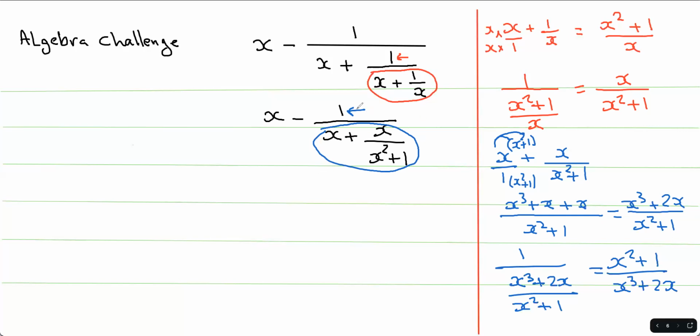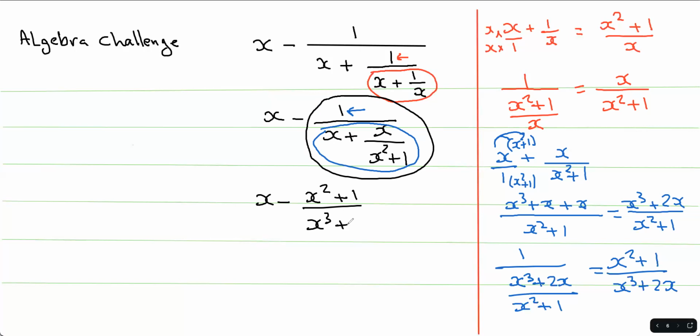Basically, we simplified all of this, and we still have the x minus, and all of this just became x squared plus 1 over x cubed plus 2x. Now, of course, this is over 1, so we're going to multiply everything by the common denominator, and the common denominator is x cubed plus 2x.